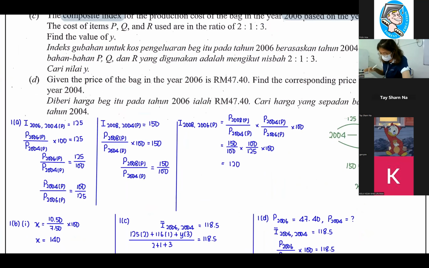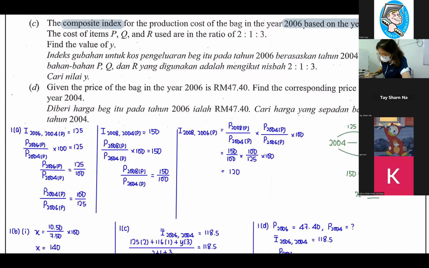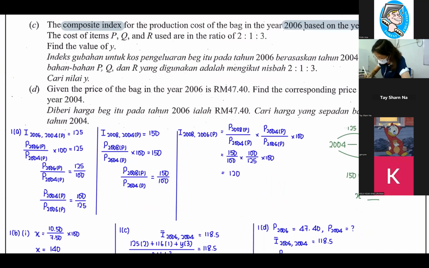After that, the costs of items P, Q, R are used in the ratio. If you are given ratio 2, 1, and 3, these are normal numbers that follow in sequence: P ratio 2, Q ratio 1, and R ratio 3.